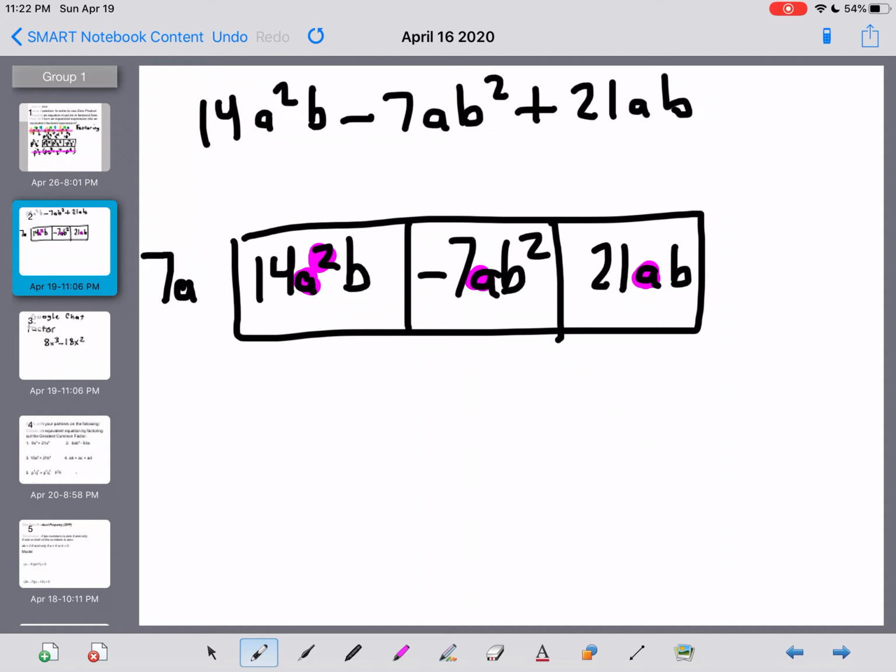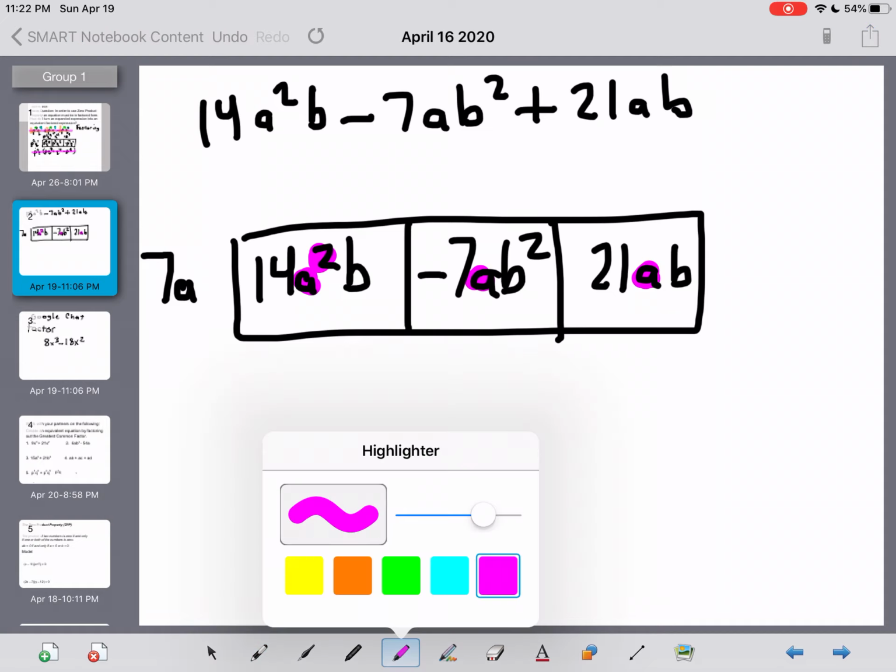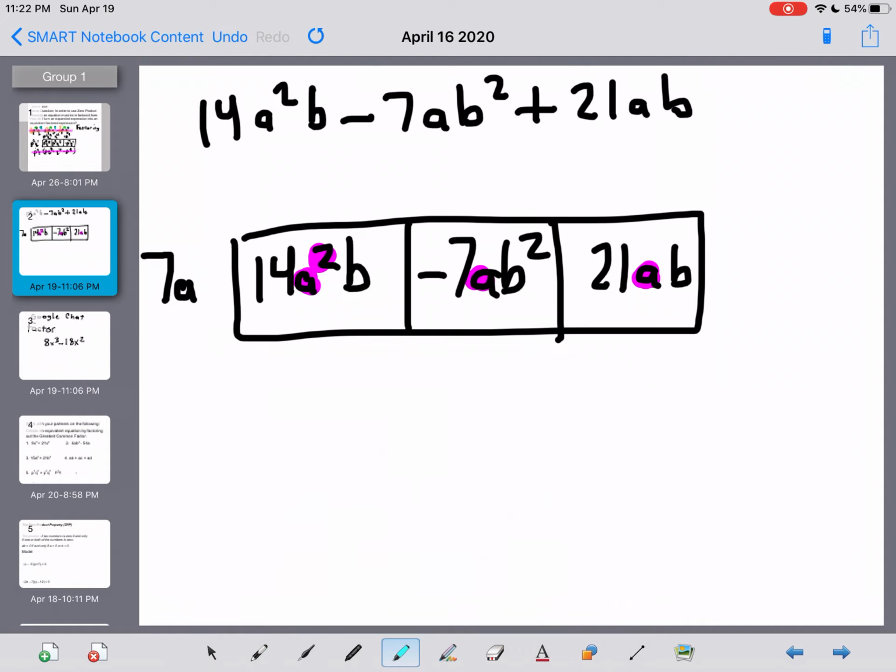A, and then let's go to the b part of the variable. We have 1b here, 2 b's here, 1b here. So we at least have 1b in each of the terms. So my greatest common factor is 7ab. So I could divide out 7ab from each of these terms.